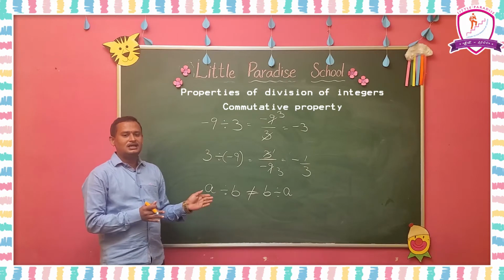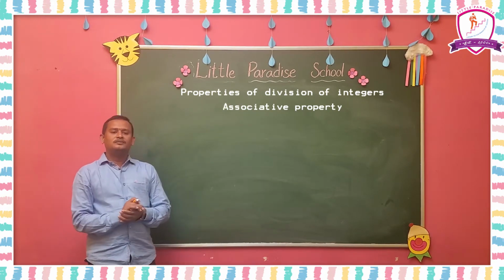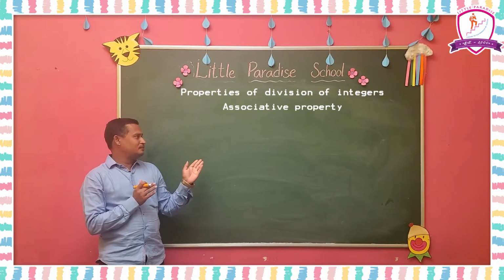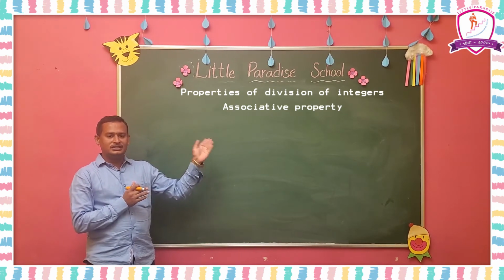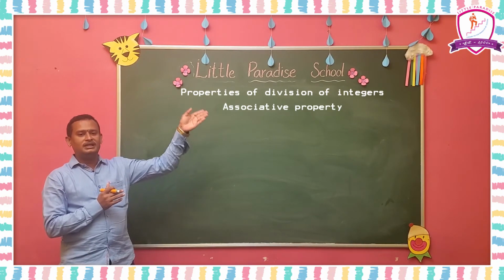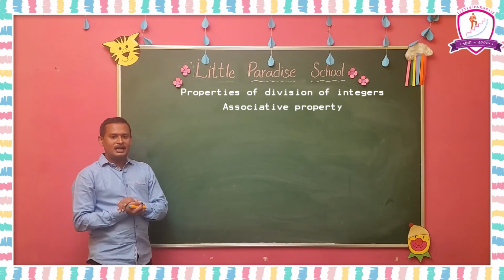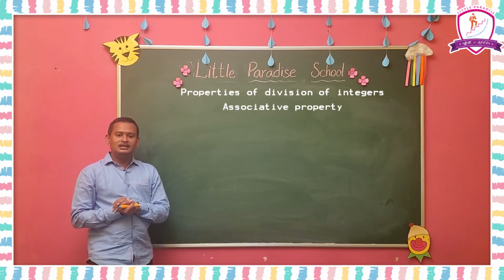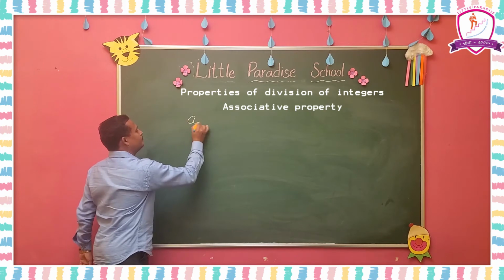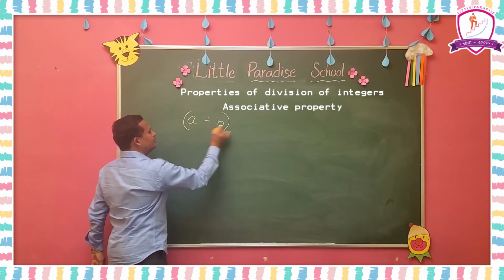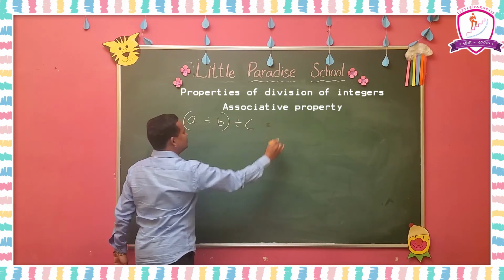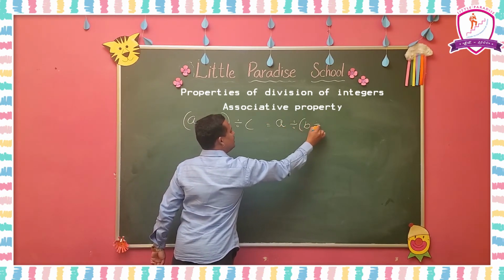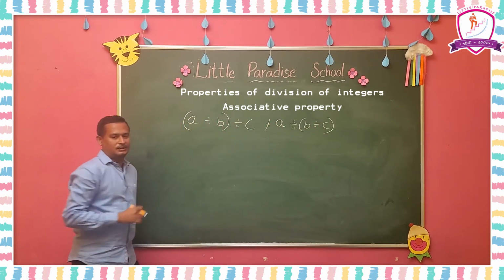So the next property is the associative property. Already we know the associative property in multiplication means A into B into C is equal to A into B into C, grouped differently. Here also we have to write like that. Let A, B, C be 3 integers, and A divided by B divided by C is compared with A divided by B divided by C grouped the other way.